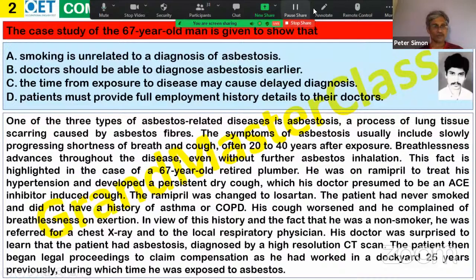Okay, and the options are A, B, C, and D. So I have given you the options there.